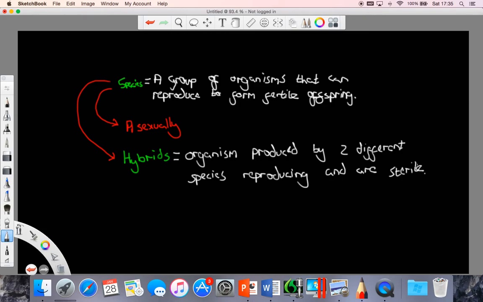However, you can often be asked about what is a species. If it is 2 marks, you simply say a group of organisms that can reproduce to form fertile offspring. And the problem with this is, what do you do about organisms that reproduce asexually? They don't need to be with another organism to reproduce. Does that not make them a species, such as bacteria?